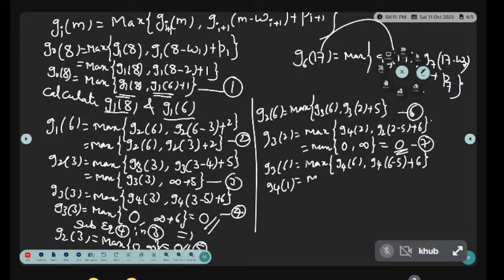G4 of 1 is equal to maximum of, right. So G4 of 1 is equal to G5 something.